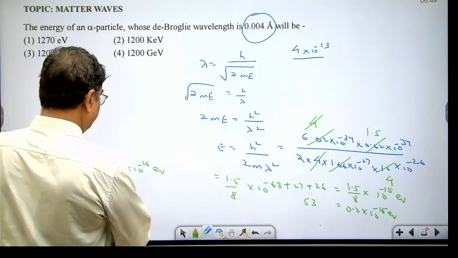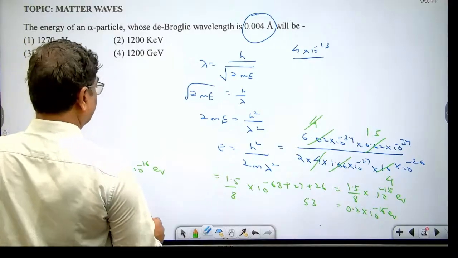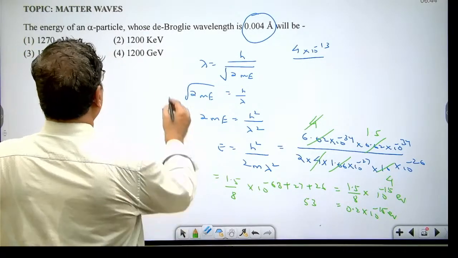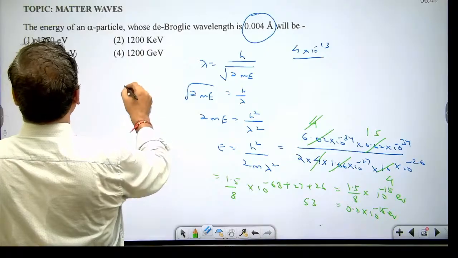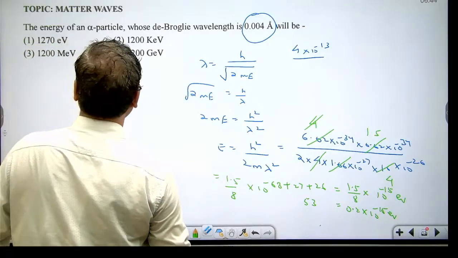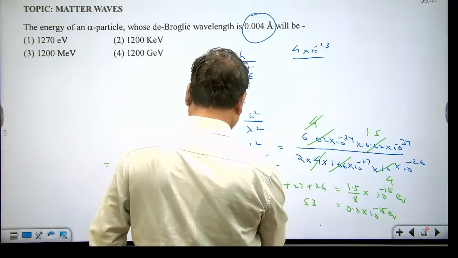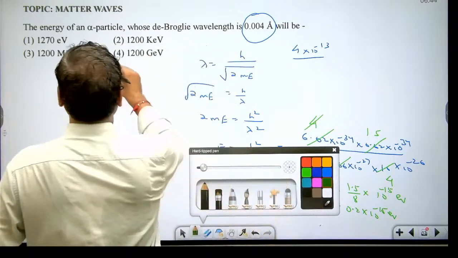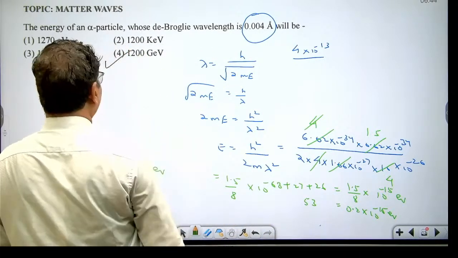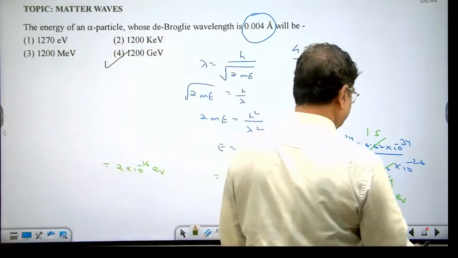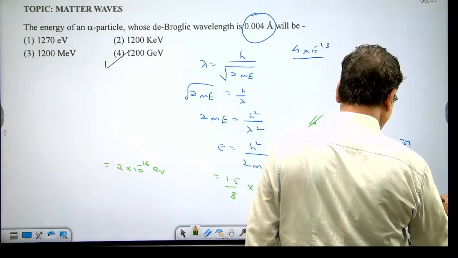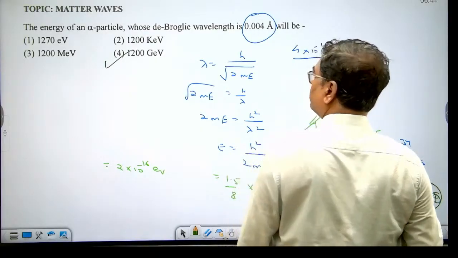Giga means 10 power 12. Only one option is matching. Okay, so we can tick only one option. No other option is there. So we will tick option 4. No other option is matching.